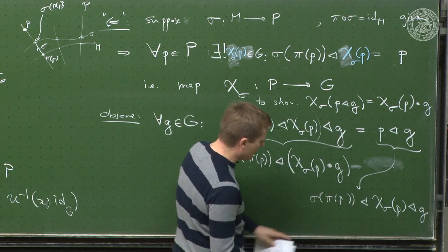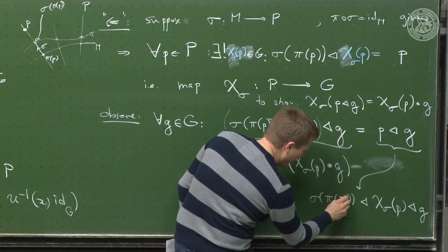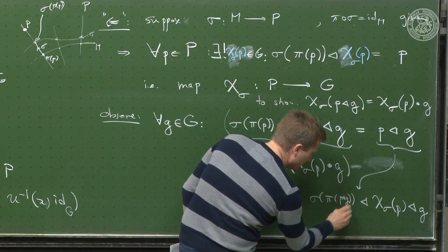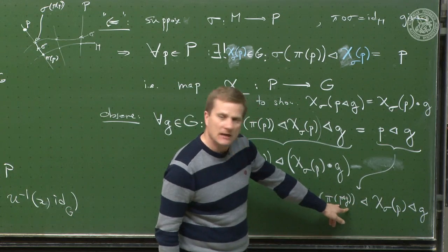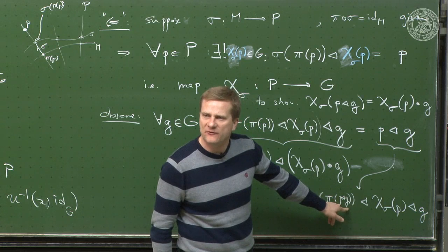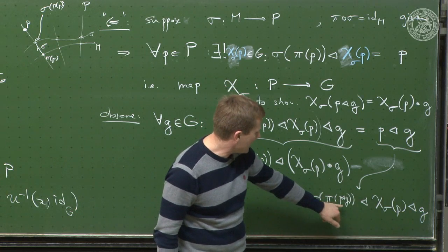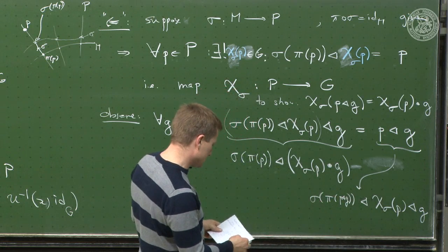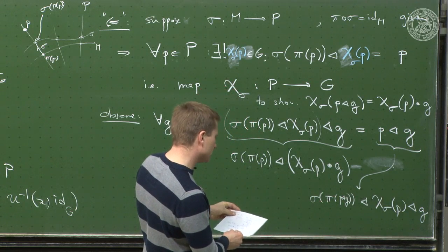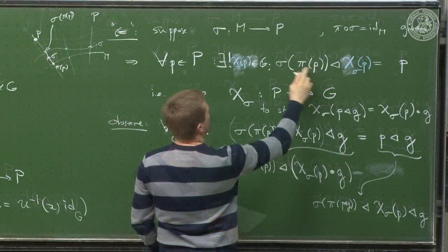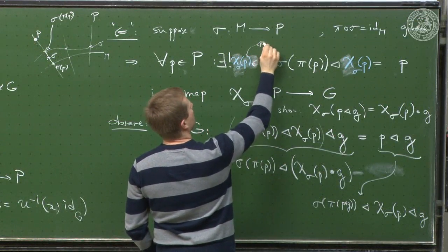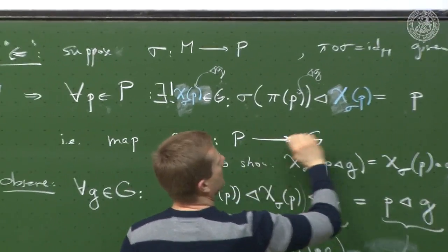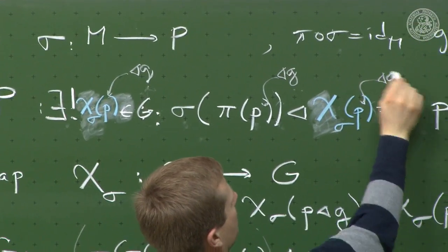What happens if I have a P, and I act on the P by a G? Well, nothing happens because I remain in the same fiber. That means the pi doesn't change a thing. Okay. So that's certainly one thing that's true. And okay, so you want to insert here a right action by the G. That means there's a right action by the G here, and there's a right action by the G here.